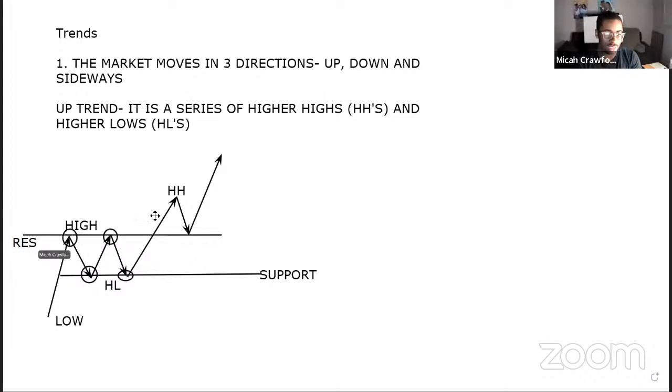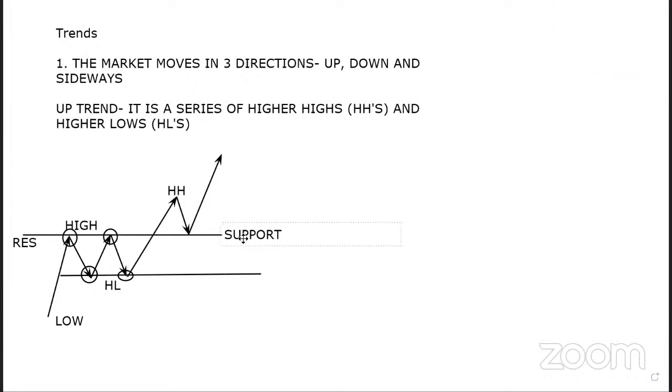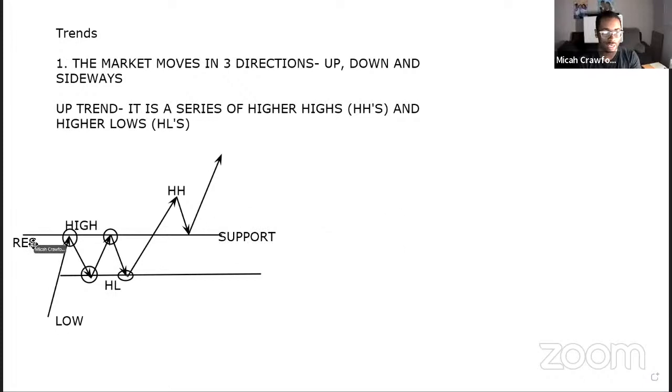So if it breaks resistance, and this is your new resistance here, that means this is going to be support. The new low. Yeah, there you go, your new higher low. So now your resistance level moves up to here, unless resistance breaks.